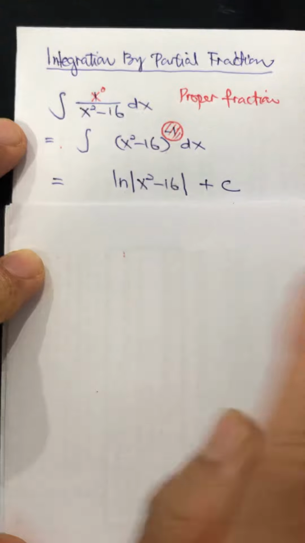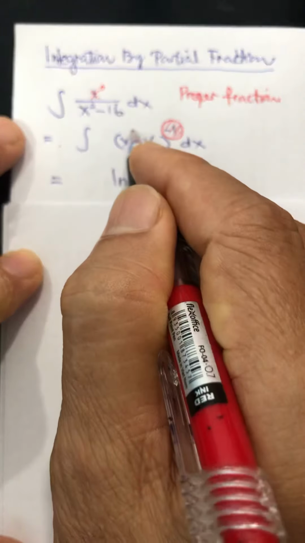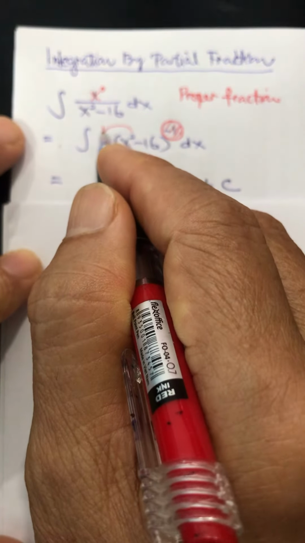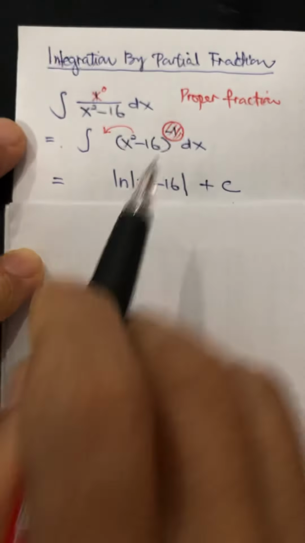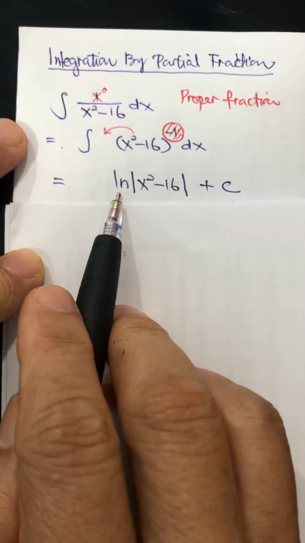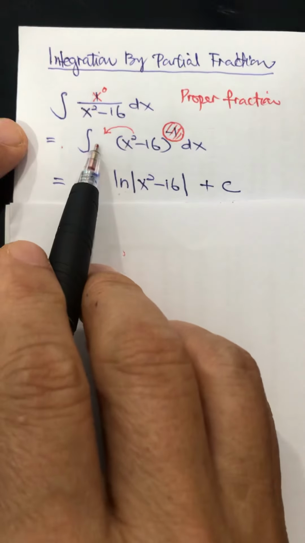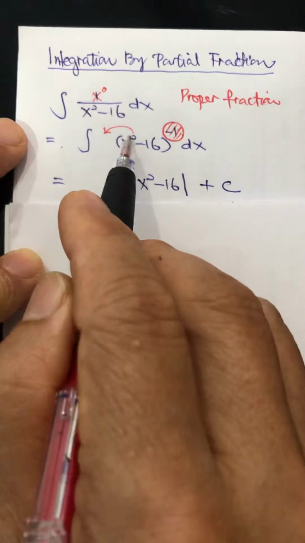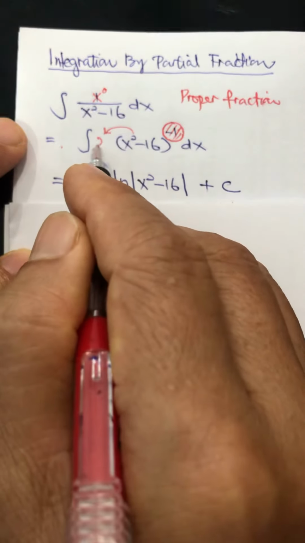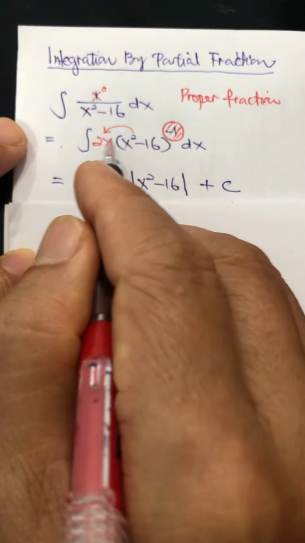But this is not yet completed. What we must have here is what? Don't forget this step. This ln is of course correct, negative 1 becomes ln, but you still miss one step here. What is the step? You must have 2x, because when you differentiate this, you have 2x.